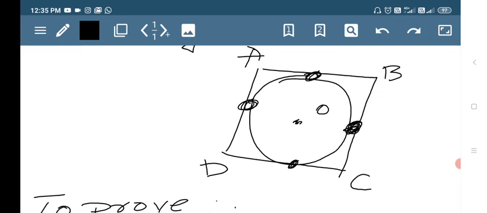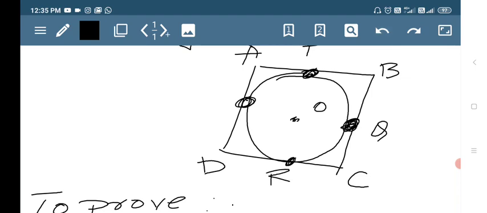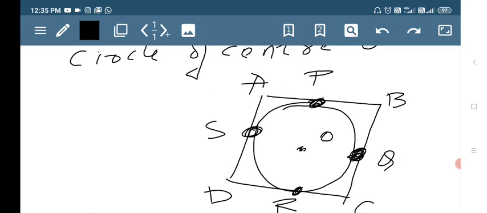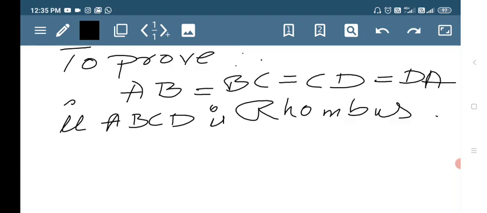Okay, now let us take these points where the circle is touching the parallelogram as P, Q, R and S. So dear students, when you see AP and AS to a circle, what do you call them? Yes, exactly, tangents from an external point to a circle.